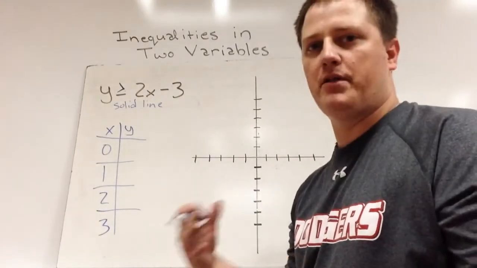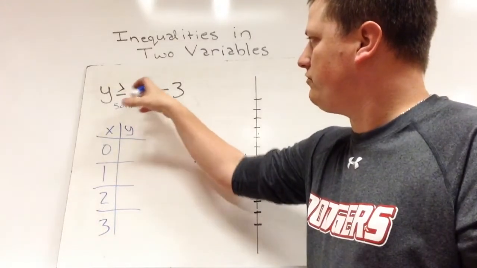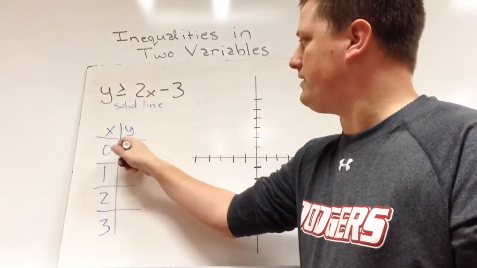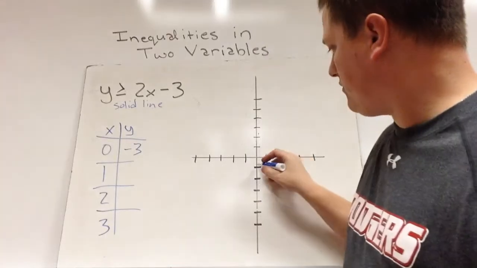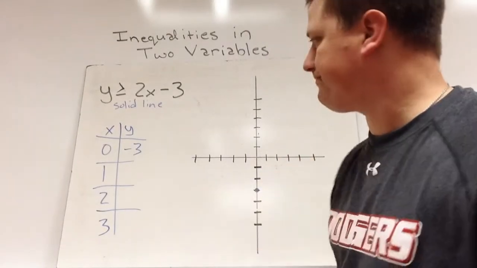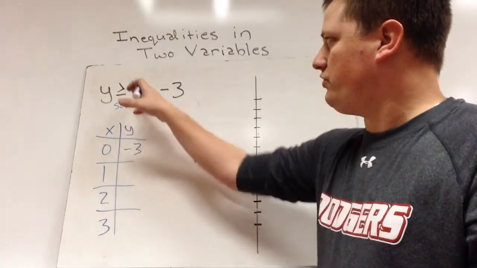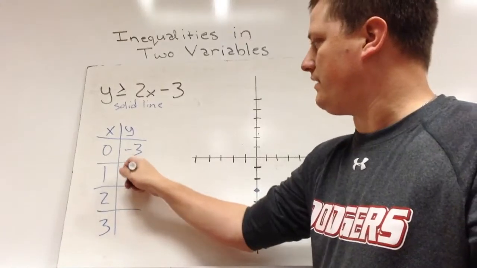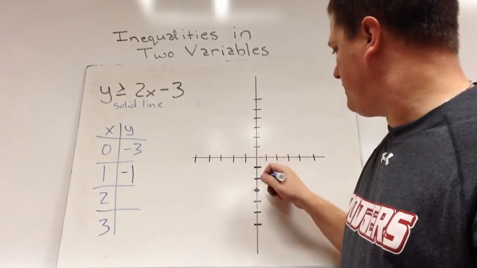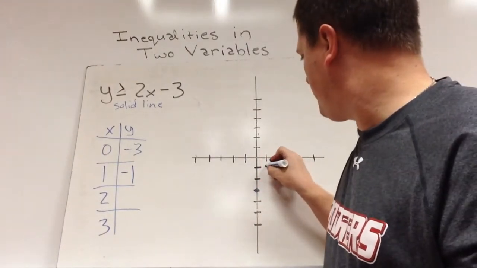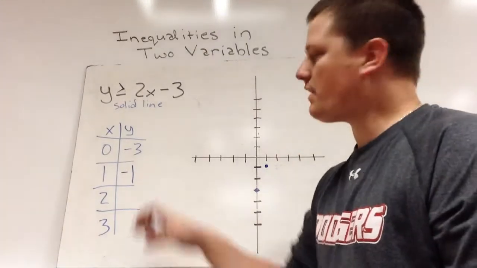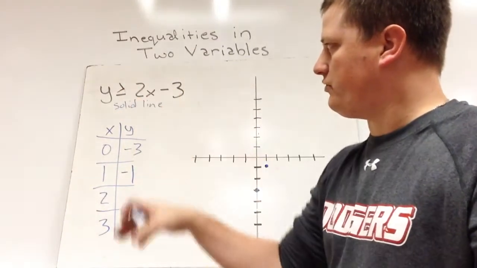So I'm going to make a table that can work. So 2 times 0 is 0 minus 3 is negative 3. So 0, negative 3. 1 times 2 is 2. 2 minus 3 is negative 1. So 1, negative 1. I'm going to put 2 in. 2 times 2 is 4.